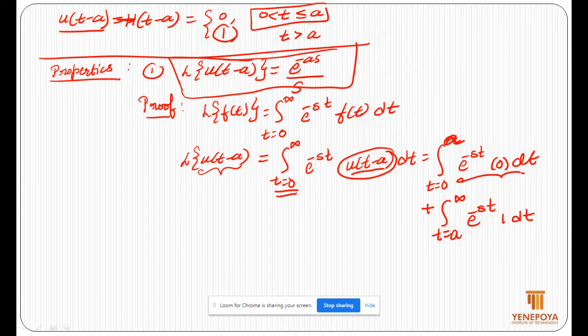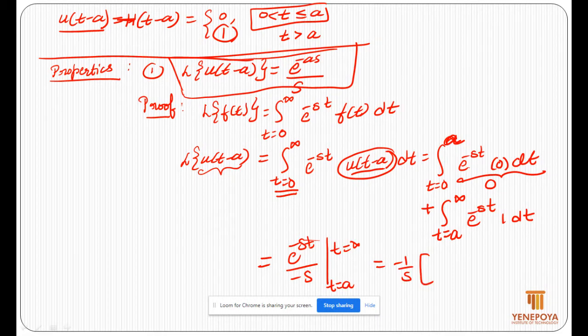The first integral vanishes since 0 into e power minus st is 0, and the answer is the integral of e power minus st, which is e power minus st divided by minus s, using the limits a and infinity. So minus 1 by s is taken out, times e power minus infinity. E power minus infinity is 0, since it is 1 by e power infinity, that is 1 by infinity, which is 0.